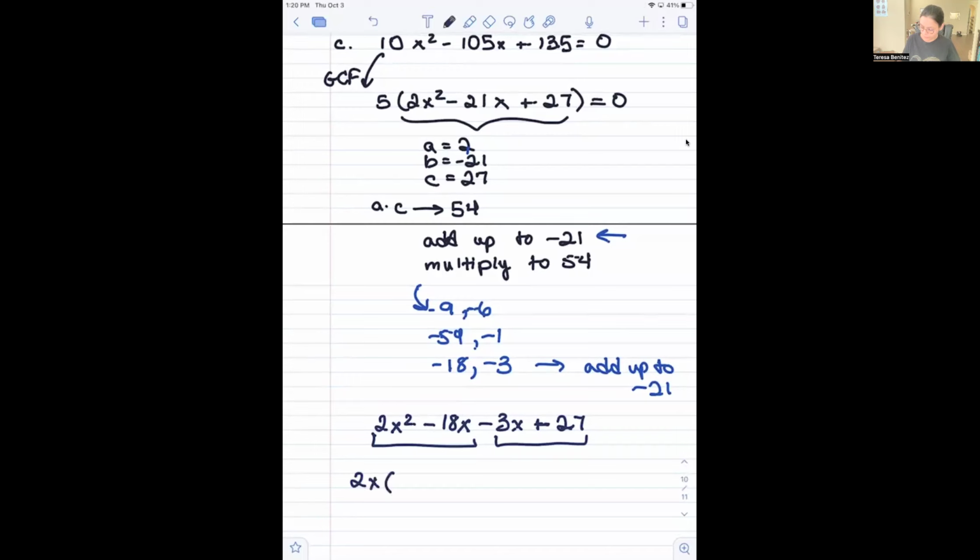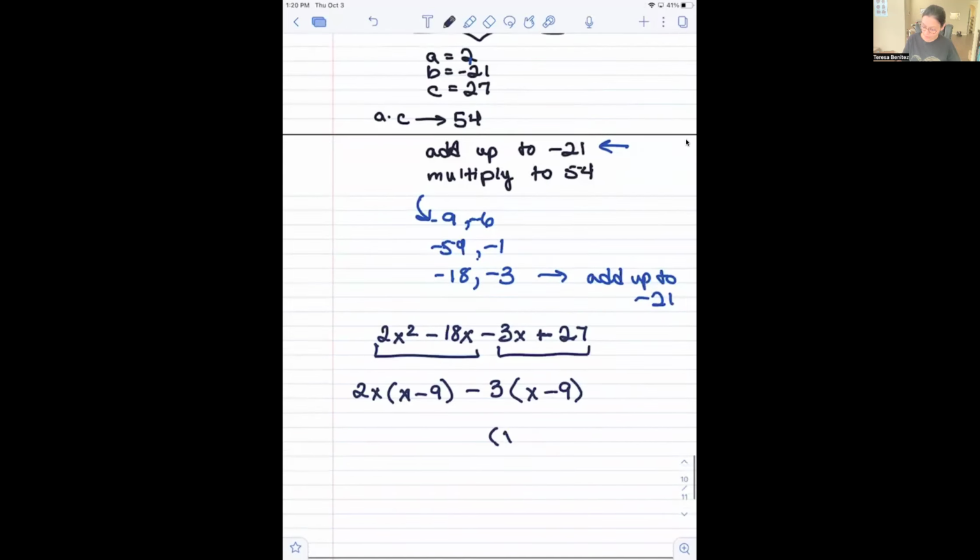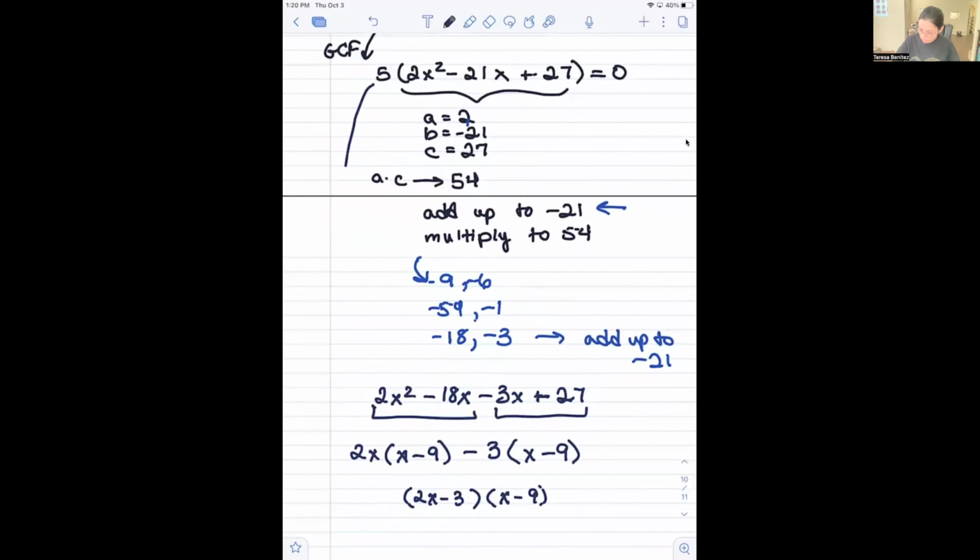Here I have 2x, x minus 9, minus 3, x minus 9. What is common? X minus 9. What am I multiplying that by? 2x minus 3. And I still have this 5 from the original equation. And all of this is equal to 0.